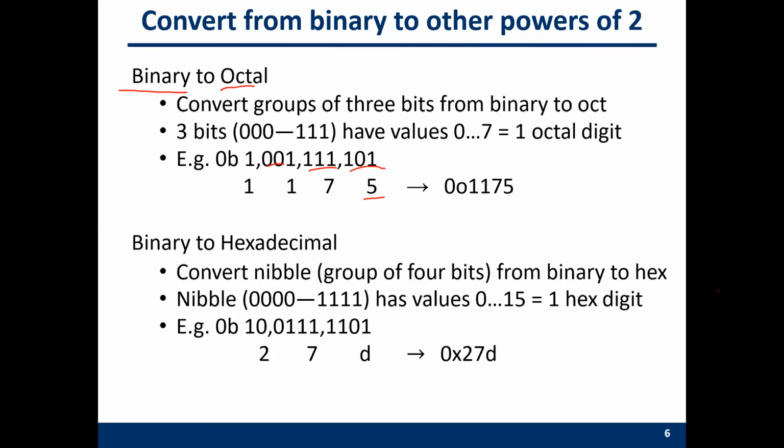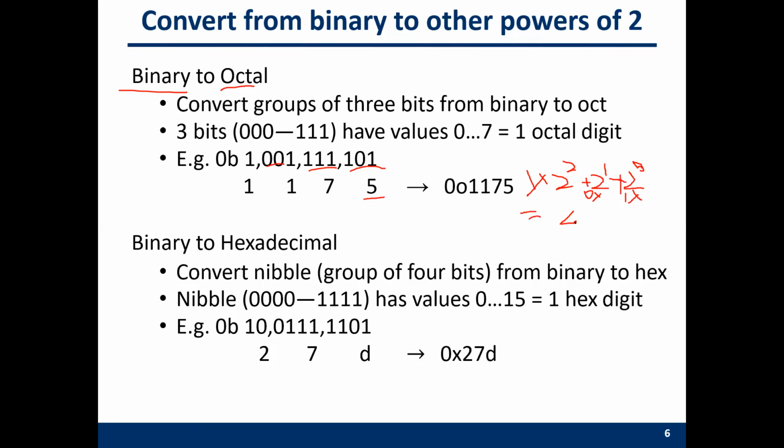So we use the same equation, where the least significant bit is 2^0, and then we have 2^1, and then 2^2. So this is 101. We have a 1 here, a 0 here, and a 1 here.